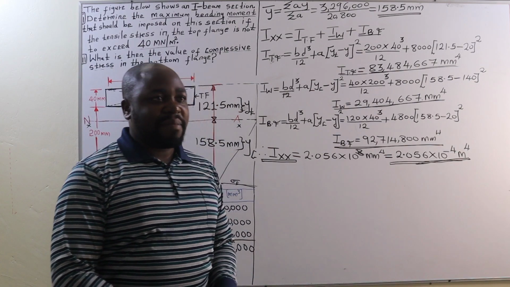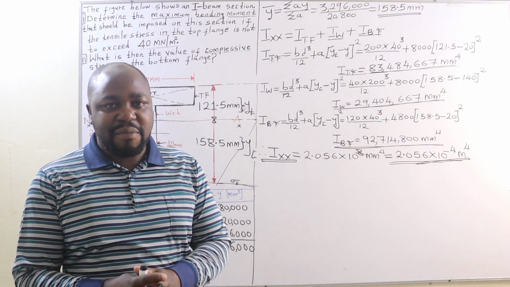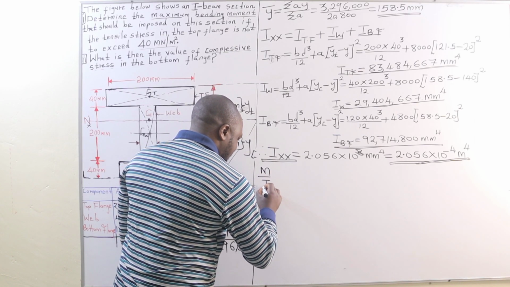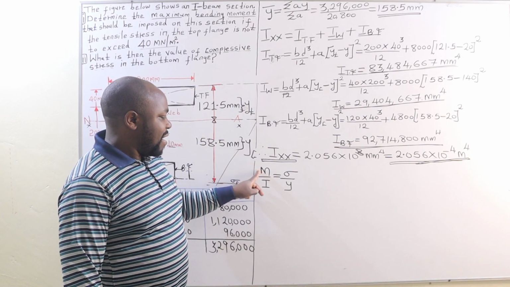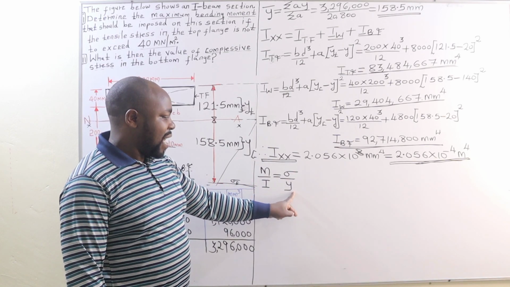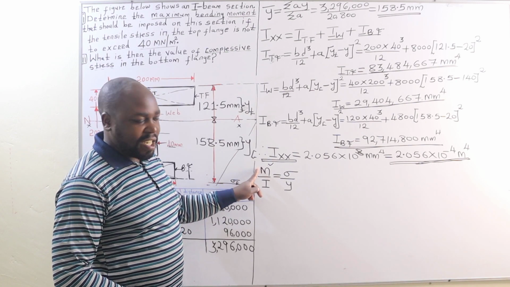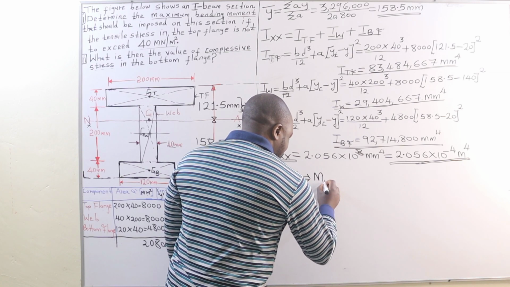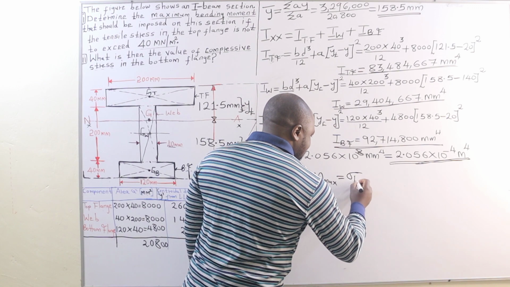For us to determine the maximum bending moment, we are going to apply the bending equation, or the flexural formula, which is given by this relation: M over I is equal to stress all over Y. That is the bending moment divided by the moment of inertia is equal to stress divided by Y. Since we want the maximum bending moment, we are going to make M the subject of this relation, and this is going to lead us to a maximum bending moment that will be given by the tensile stress.